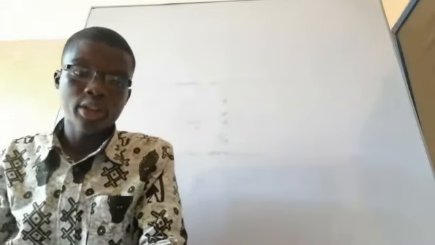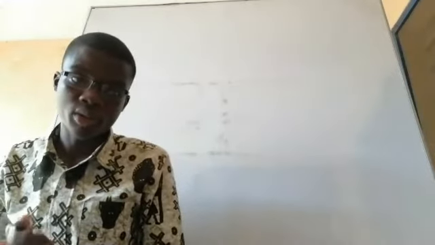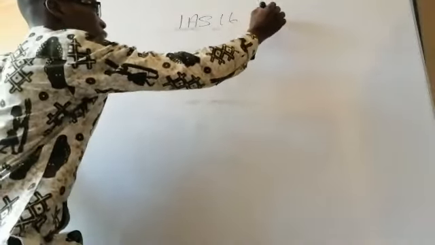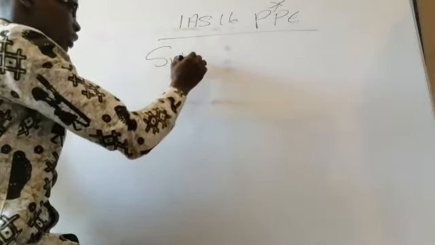Today we are going to continue with IAS 16, the subsequent measurement of property, plant, and equipment (PPE). Kindly be with us and let's go through it together. Now let's go to the board.